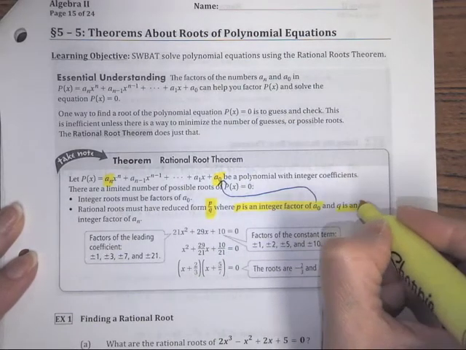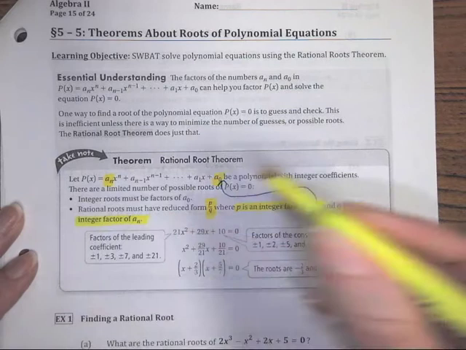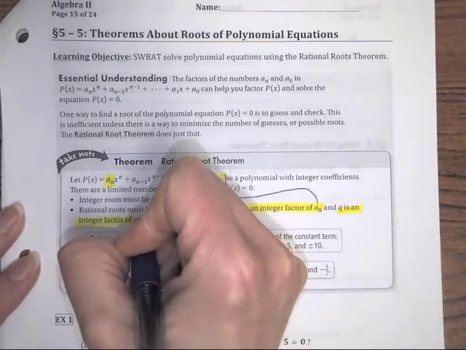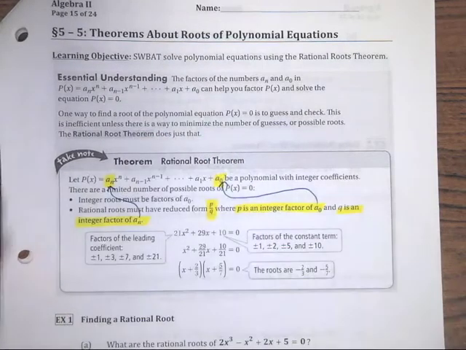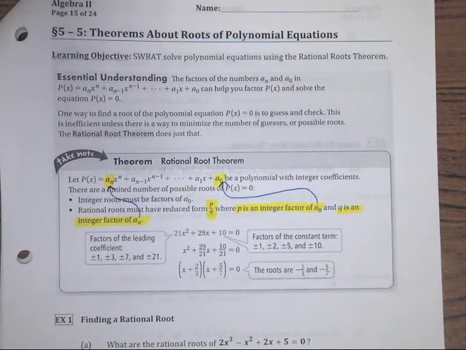And Q is an integer factor of your leading coefficient. All right, so it's really easy to find all the possibilities for P and all the possibilities for Q. Once we do that, we've got our possibilities, and then we're just stuck with figuring out which ones work.